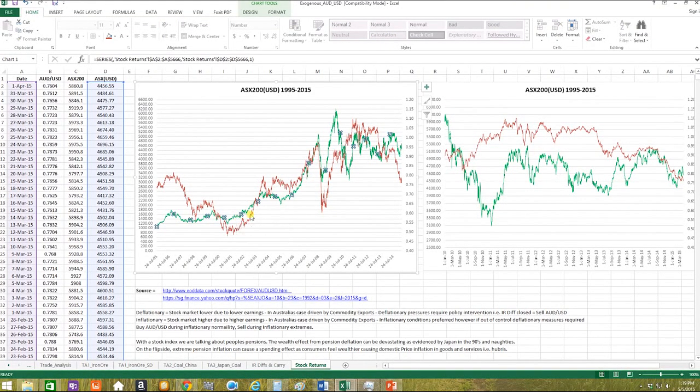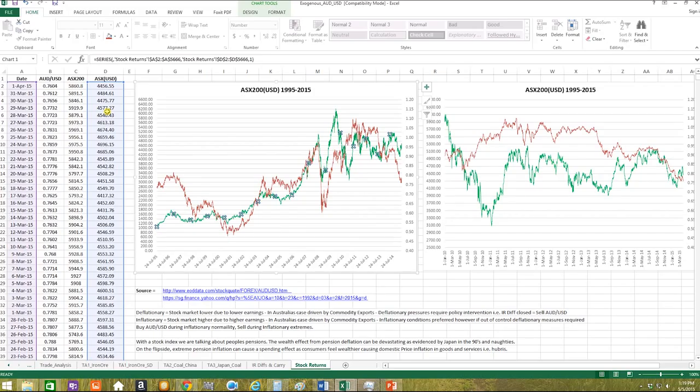So if we click on the green line, you can see the green line is referencing column D, which is the ASX priced in US dollars, so priced against the international benchmark currency. So if we're pricing this in terms of the international benchmark currency, it means what we're looking at is Australia's relative wealth to the rest of the world.